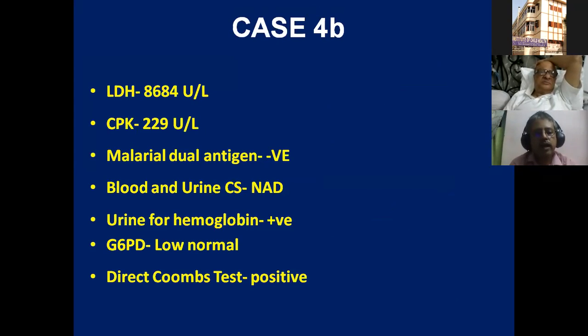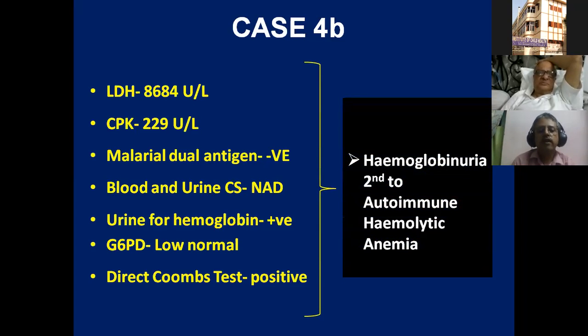The LDH was high, and then we did a malaria test, etc. But ultimately, it all came down to, sorry, it was an autoimmune hemolytic anemia. The DCT was positive. The other close possibility was G6PD deficiency also, but the DCT was positive and it was autoimmune hemolytic anemia.